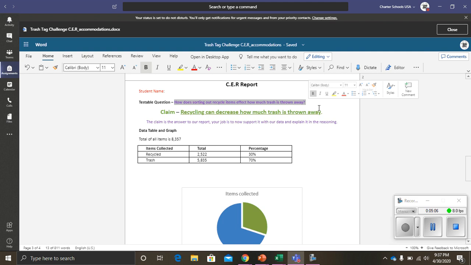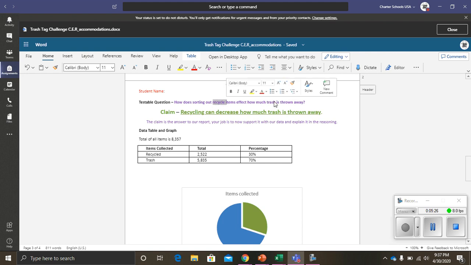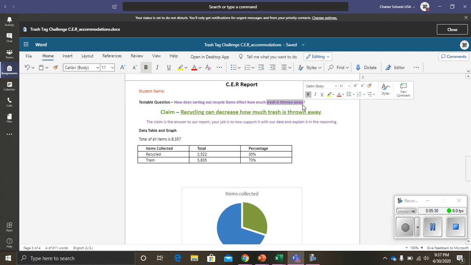So our independent variable is recyclable items, and then, oh wait, hold on. Recycling is the independent variable, and trash being thrown away is the dependent variable.